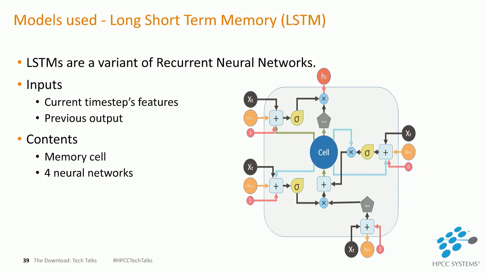If you can see this architecture, there are 4 neural networks and 1 memory cell. Now the input to this is the current time step's features and the previous output. The neural network to your right, which has a bias 0, is called the forget valve.